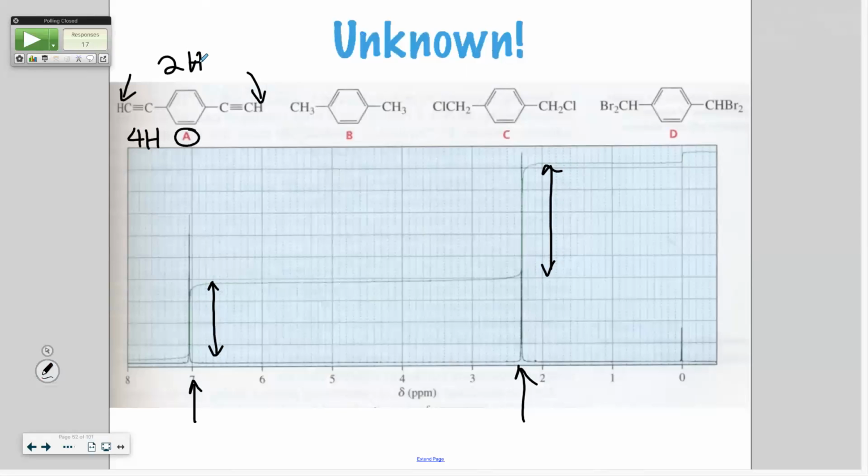Does everybody see that everyone up there has how many kinds of hydrogens? 2. So what are you thinking now? Which one do you think it is?